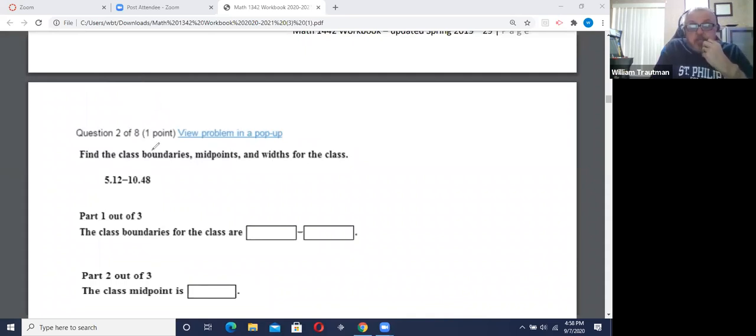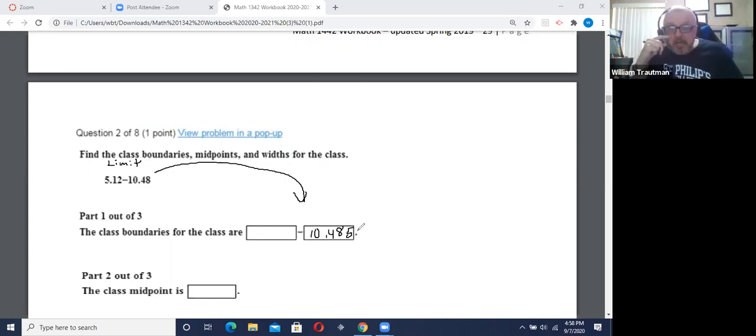So find the class boundaries, midpoints. They don't tell you, once again, this is our limit. This time our limit is a decimal, and it's 2 decimal places. So our upper class boundary is exactly the same as you see it there, except one more decimal place. I'm going to add a 5 to the end of it, since it is a decimal already.